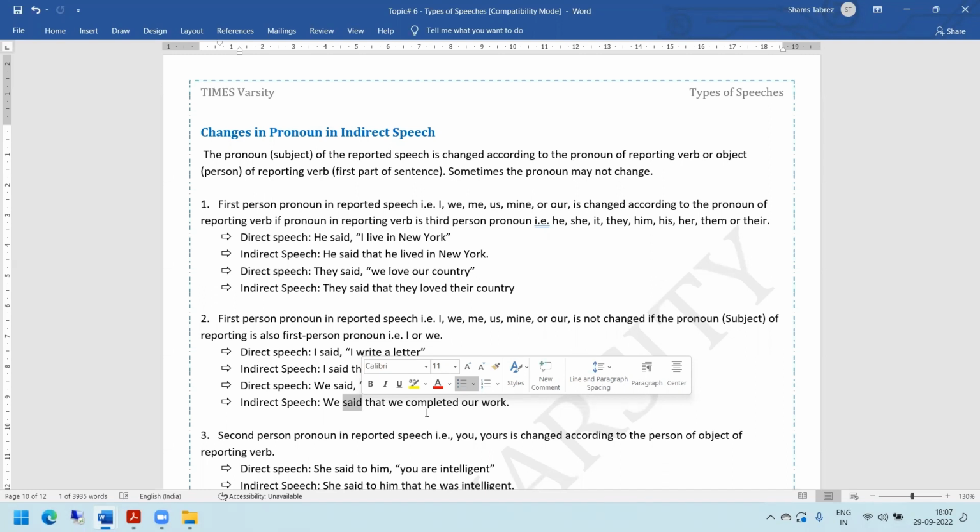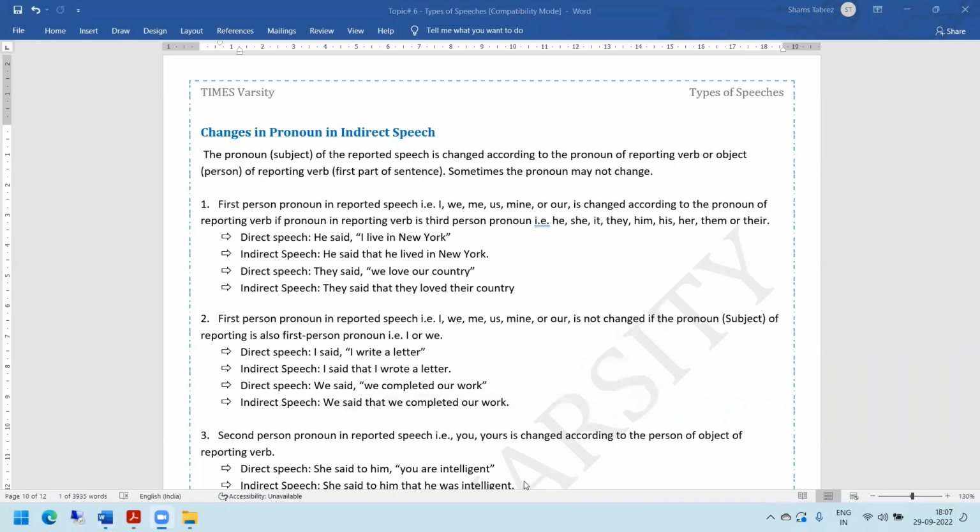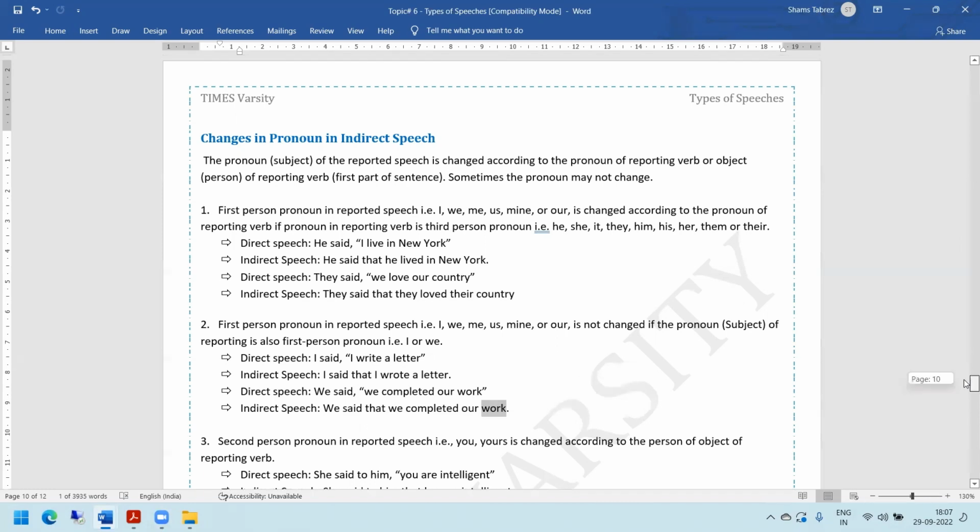So it's a verb. What about this, that? Which part of speech is it? It is a conjunction. Then again pronoun, verb. This is also a pronoun. This is a noun. All right, like this.